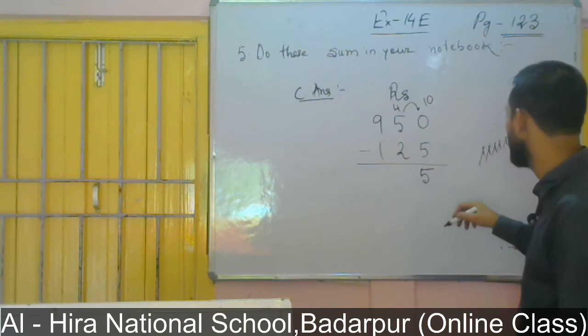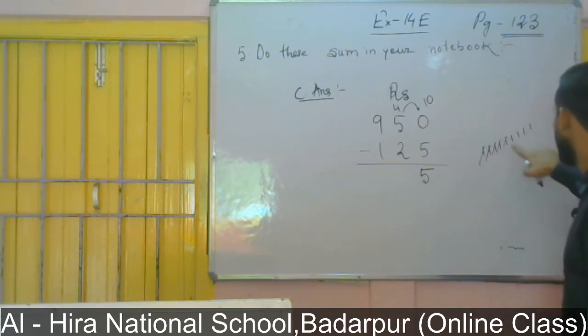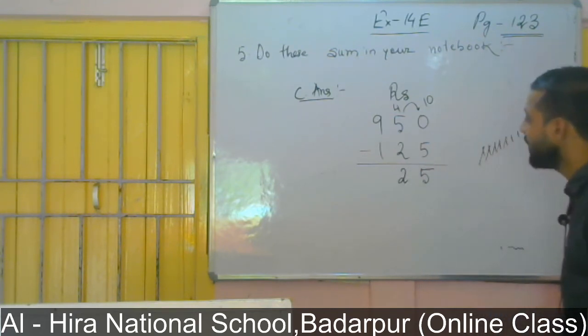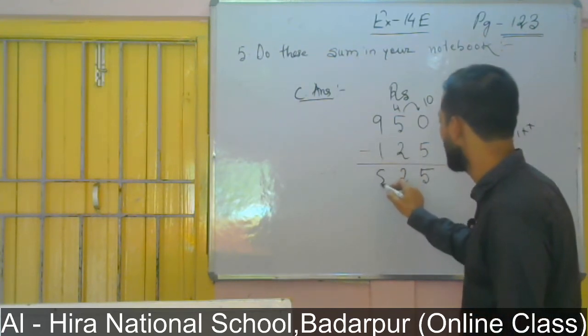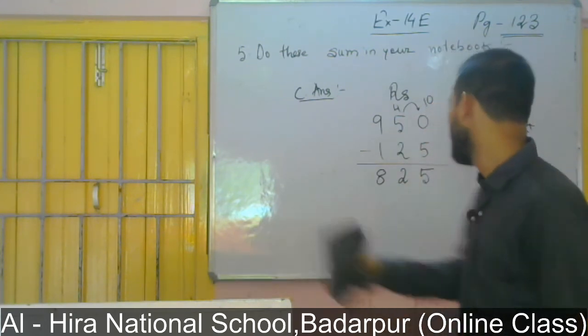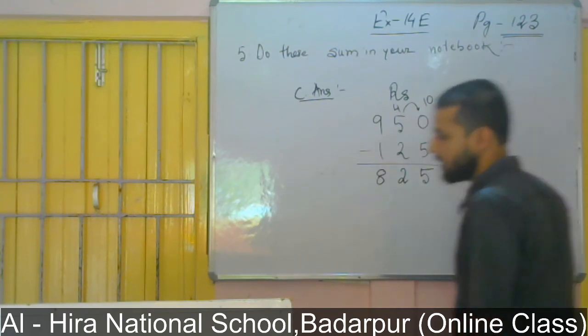So 4 minus 2 equals what? 2. So we are going to write here 2. And 9 minus 1 equals 8. That means the price of Lina's sari is rupees 825.